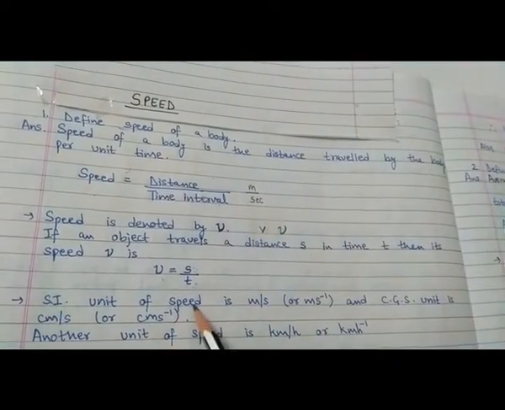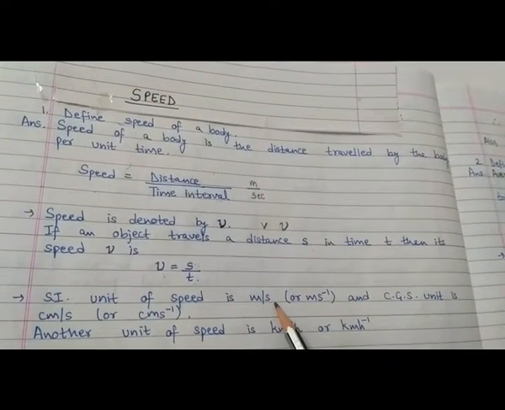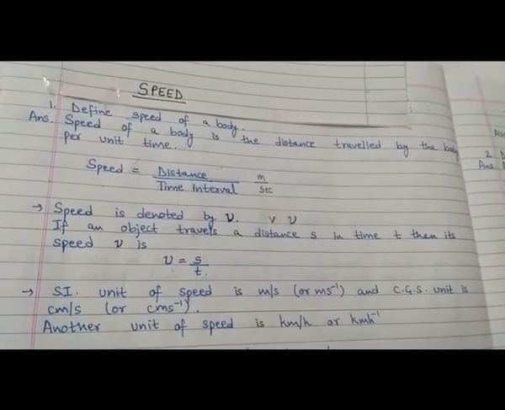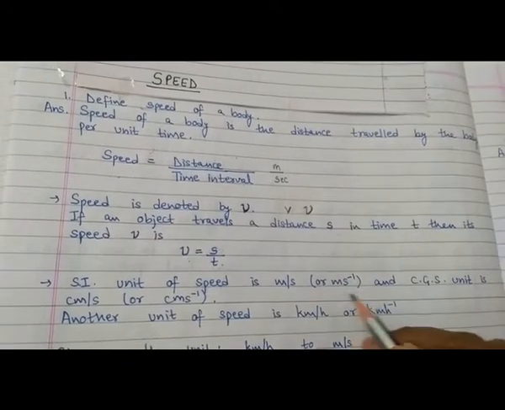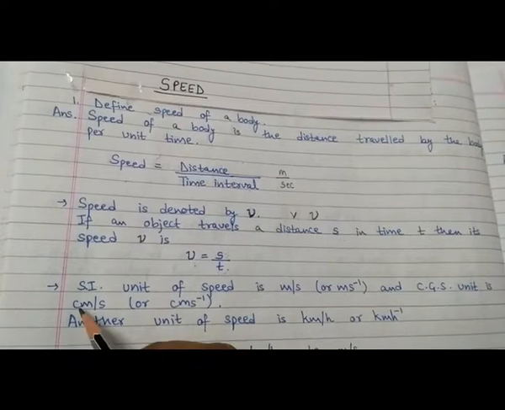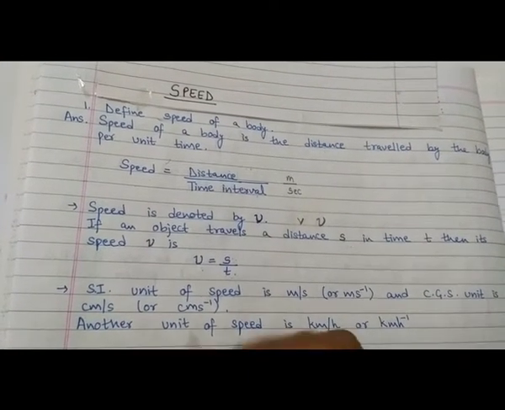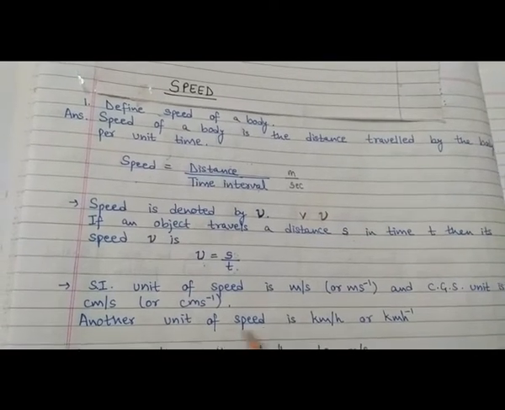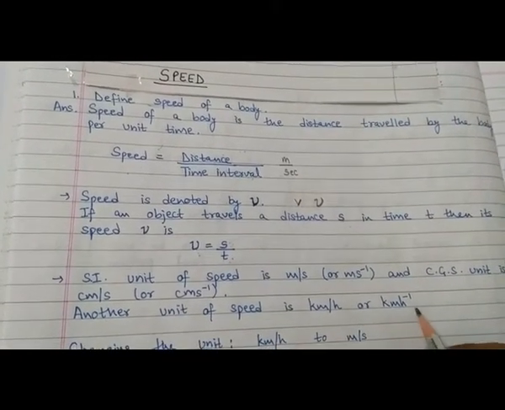So the SI unit of speed is meter per second, or meter second inverse. This is another form of writing meter per second. And the CGS unit is centimeter per second or centimeter second inverse. Another unit of speed is kilometer per hour.